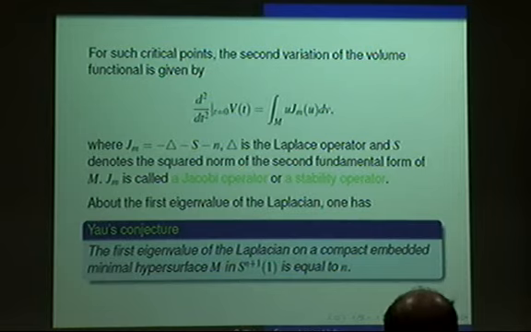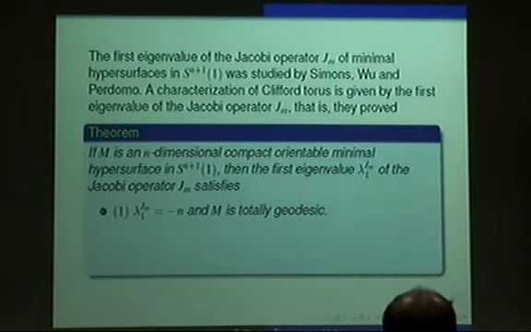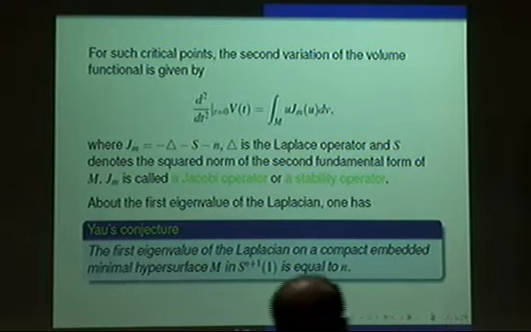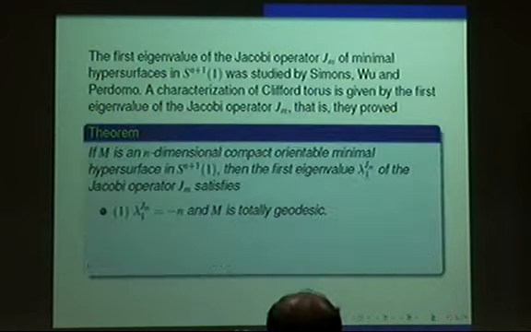So now we want to consider the first eigenvalue of the Jacobi operator. Yau's conjecture is about the eigenvalue of the Laplacian operator. Next we consider the first eigenvalue of the Jacobi operator of minimal hypersurfaces in a unit sphere.